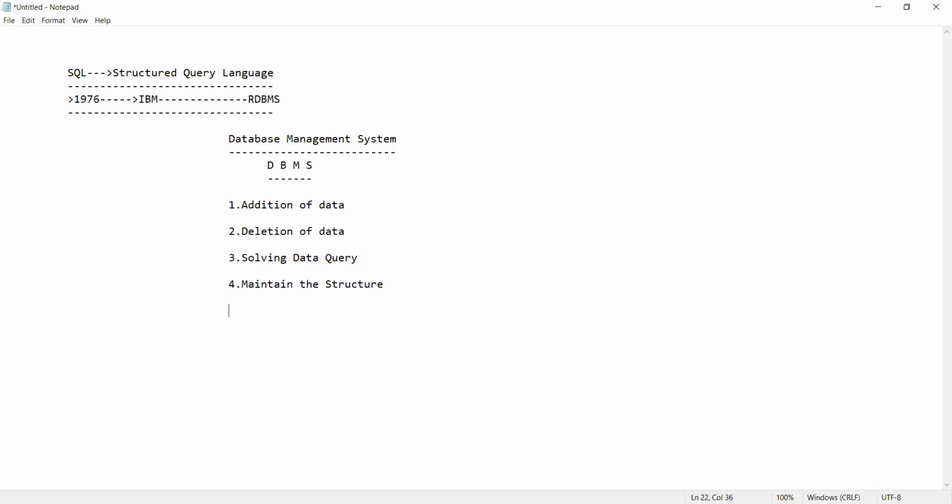Now, the fifth one is modification of data. Addition of data, deletion of data, solving data query, maintaining the data structure, modification of data.